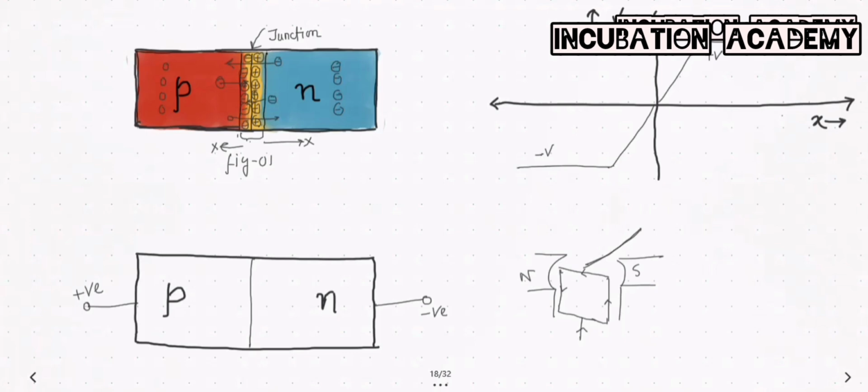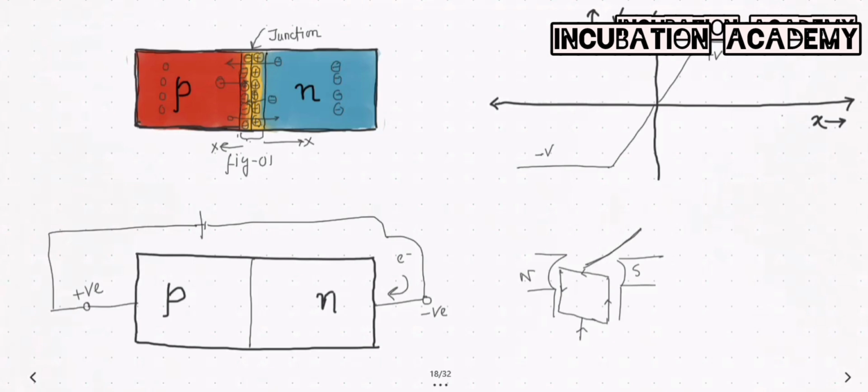We know that the current, that is electrical energy, is flowing within the metal. I am saying metal because obviously it is connected to a battery this way. So from the negative side electrons are flowing and entering from this side.